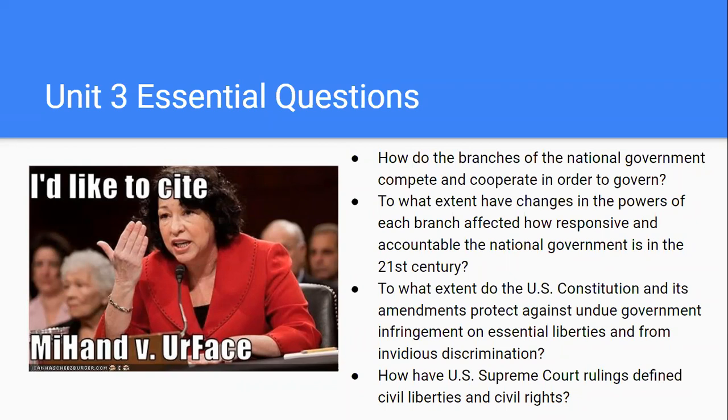So the civil liberties protect the people from undue influence from the government, from government basically infringing on your rights, and civil rights extend specific rights to other groups. Does that make sense? Any questions about that? Actually, I think it's important to understand the difference between civil liberties and civil rights.